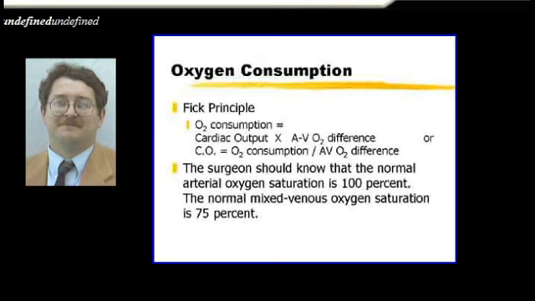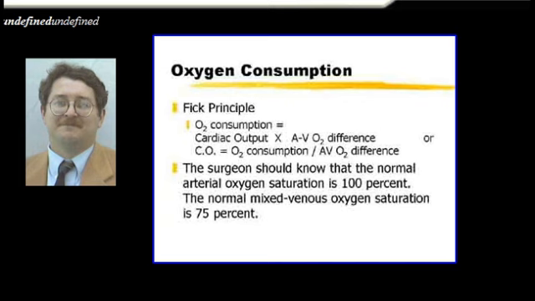To measure oxygen consumption, one has to know the difference in oxygen concentrations between the artery and the mixed venous oxygen concentration. The Fick principle relates these mathematically, and as you can see, O2 consumption is equal to cardiac output times the AVO2 difference.